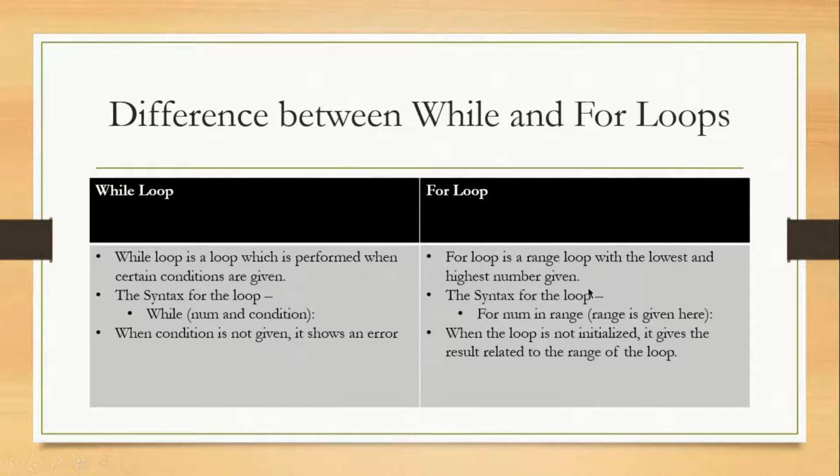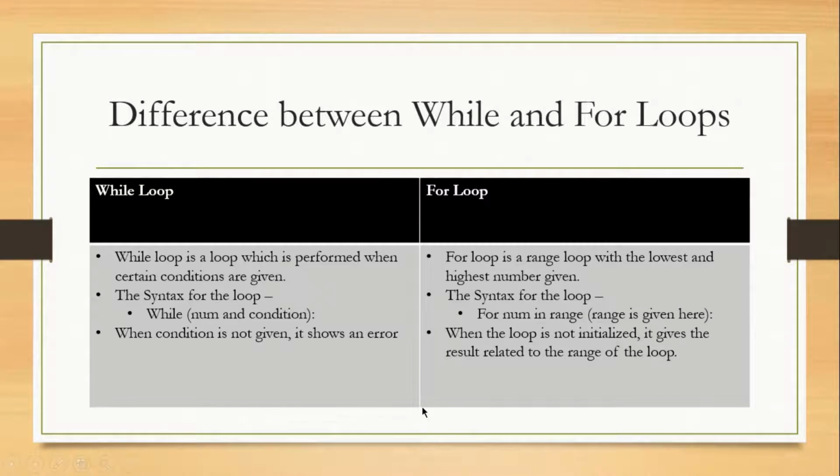And the syntax for the for loop is for num in range, and range is given like 0 11 incrementing by 1. And then in the while loop, when the condition is not given, it shows an error. But in the for loop, as I showed you, when the loop is not initialized, it gives the result related to the range of the loop.